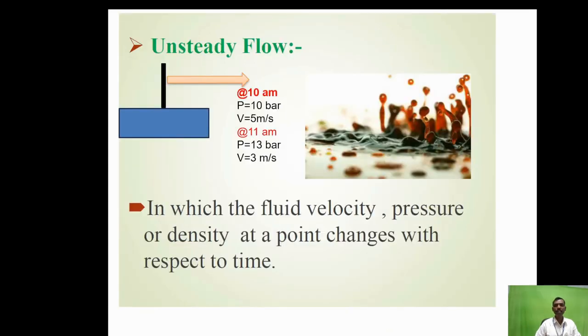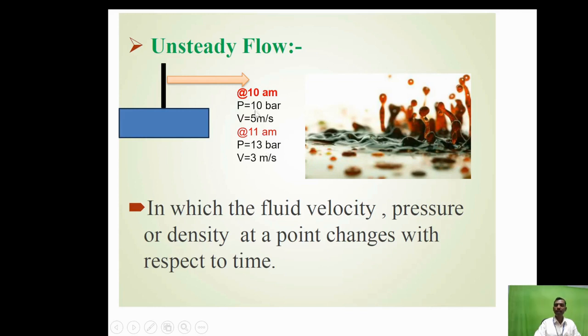Second one, unsteady flow. Unsteady flow means the fluid properties like density, pressure and velocity vary with respect to time. That flow is called unsteady flow. See this example. Here the water is flowing. I measure the pressure at 10 am. The pressure is equal to 10 bar. After 1 hour, again I measured the pressure value. The pressure value is equal to 13 bar.